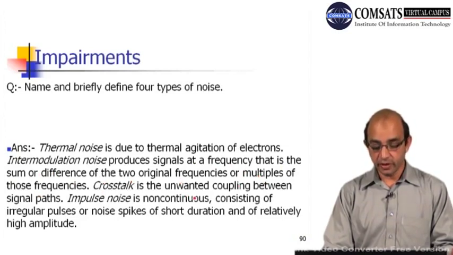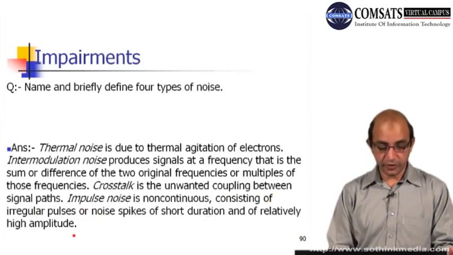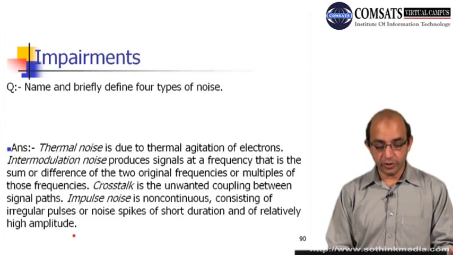Crosstalk is unwanted coupling between signal paths. Impulse noise is non-continuous, consisting of irregular pulses or noise spikes of short duration and of relatively high amplitude. So these are 4 different types of noise.